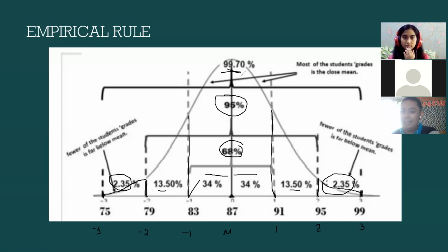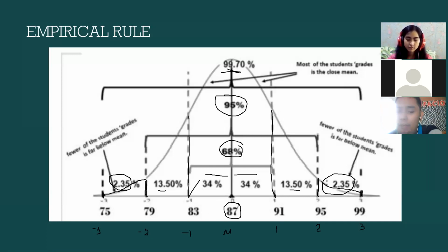Para maintindihan natin, ito yung grade. The average grade is 87. Ngayon, ang ating raw standard deviation ay 4.